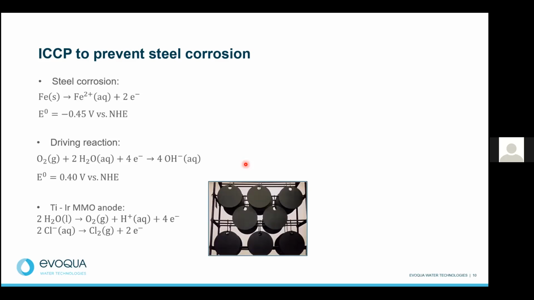And with the external power source, you apply a potential very precisely such that the structure is no longer a galvanic cell. So to achieve this, the potential or the impressed current is tweaked so that the only cathodic reaction on the steel structure is oxygen reduction, and that the iron dissolution reaction is completely stopped.